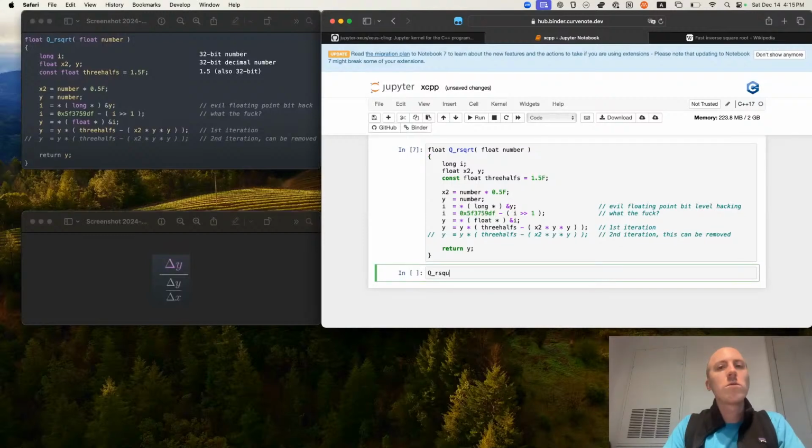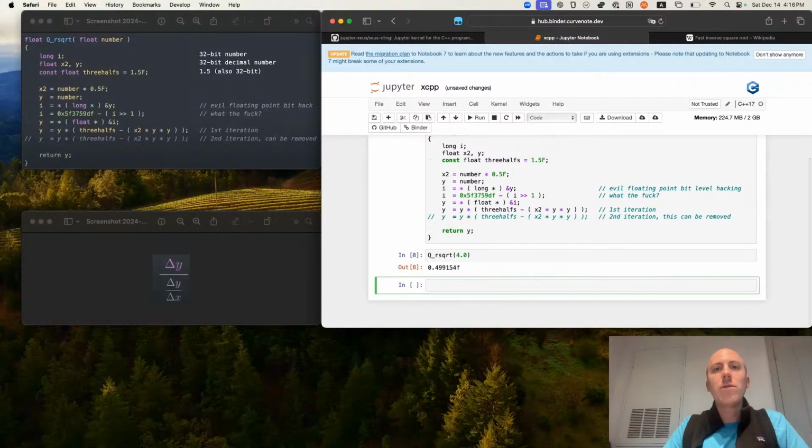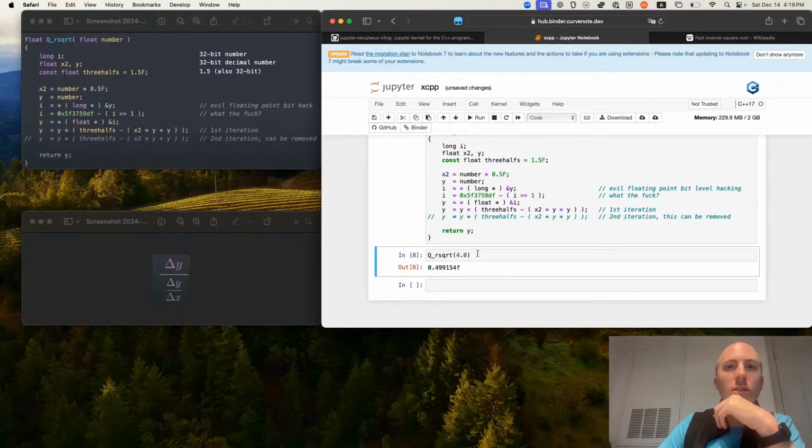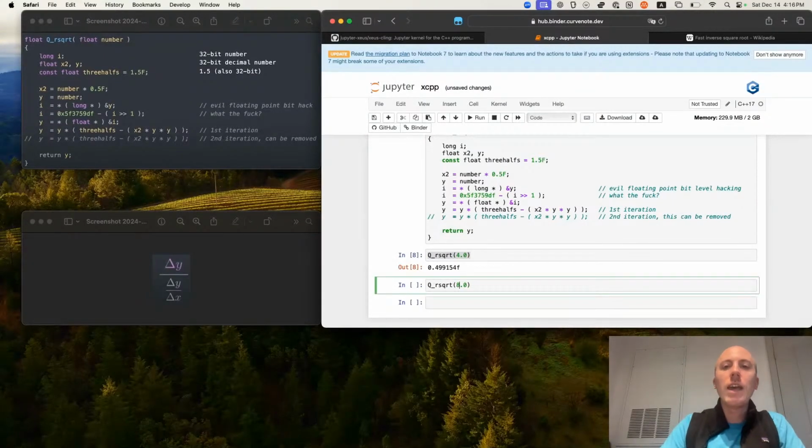The inverse square root of 2, so it's 1 over the square root of 2. So this should just be a half. Yeah, nice. It's close, just an approximation. So for 16, 1 over 4 should be close to 0.25.